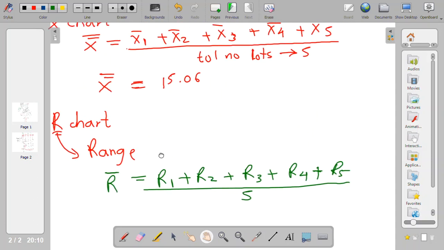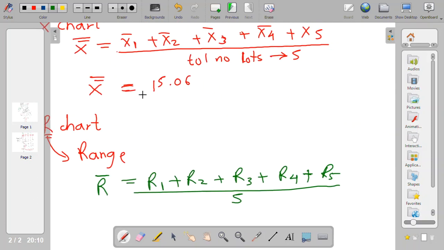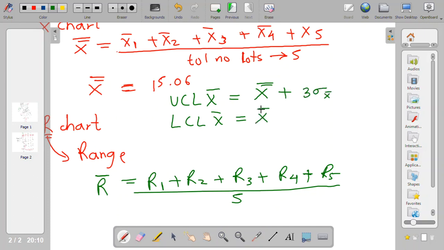Now finally, what we have to check is whether the process is in control or not. From this x double bar value we find the upper control limit and lower control limit of the x bar chart. The formula is x double bar plus 3 sigma x bar, and x double bar minus 3 sigma x bar.